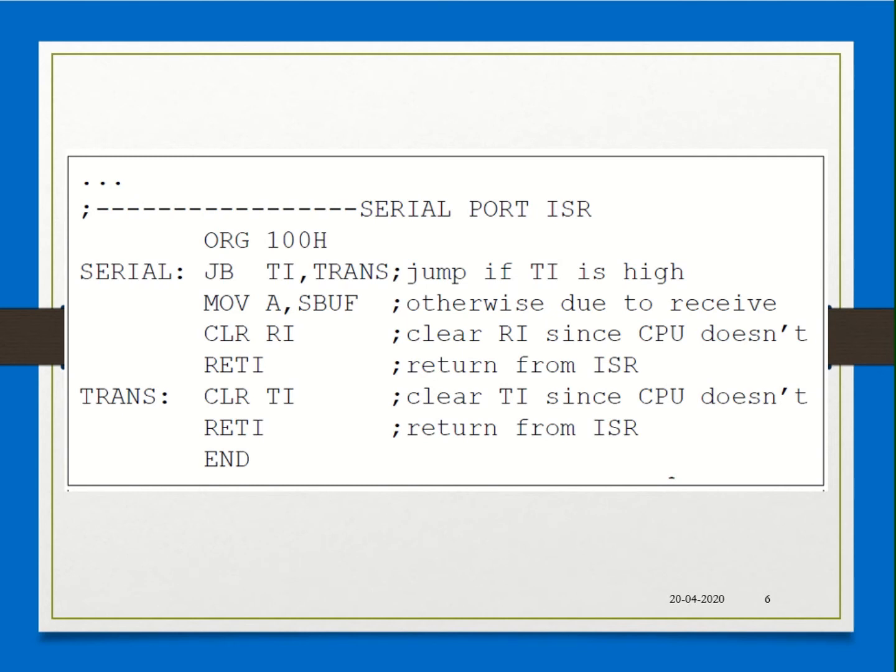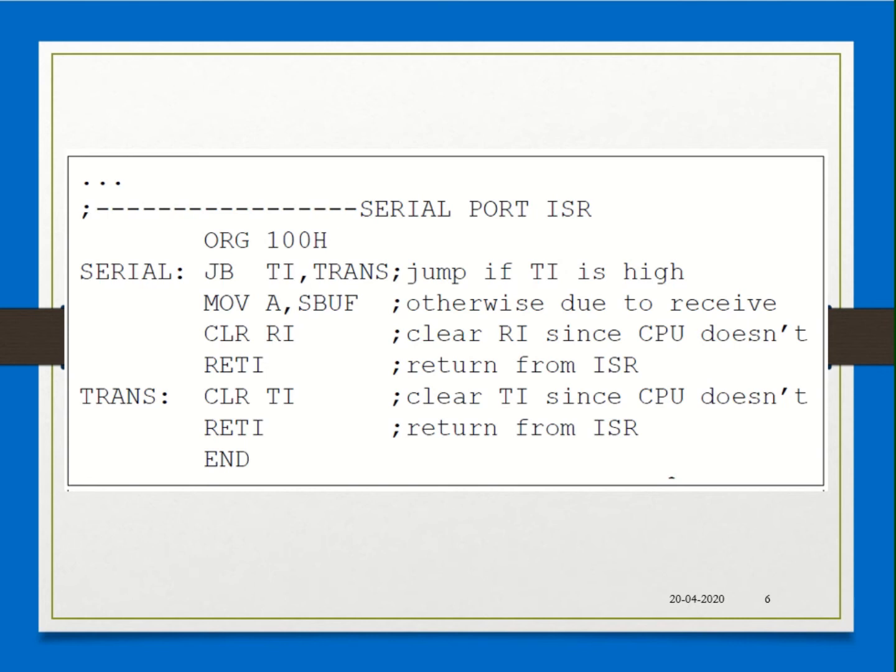Now observe what is there in the subroutine. You are checking for the TI flag. JB TI, trans. That means if the TI flag is set, jump to location trans. If not, that means it has to be RI that is set.